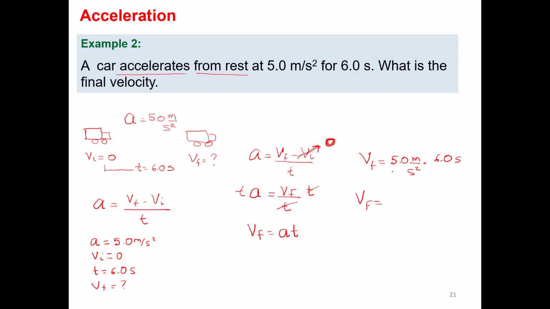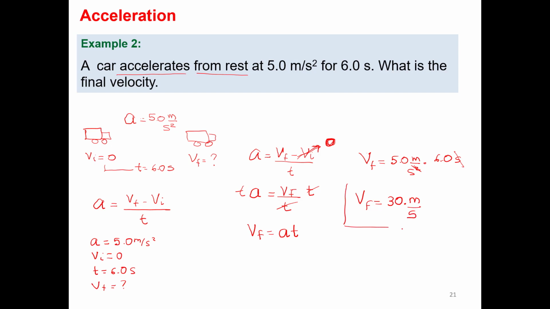Then 5 times 6 is 30, and we want 2 significant digits. We expect the units for velocity to be meters per second. Let's see the units we get here. The seconds cancel out with one of these, and finally we have meters per second.